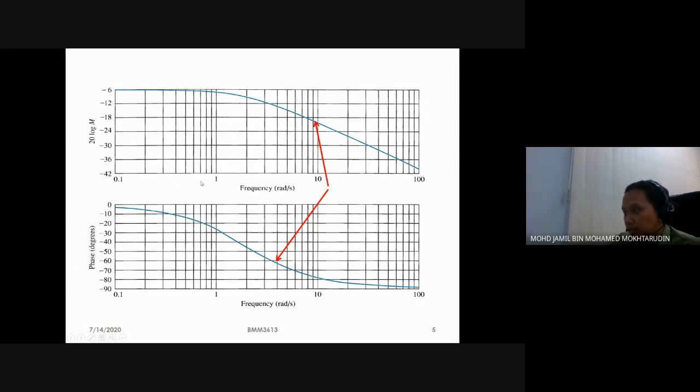The x-axis increases by a scale of 10, from 0.1 and then 1, 10 and then 100, and the scale becomes narrower, closer to each other. For the y-axis, it remains the same. Only the x-axis differs in terms of the distance between the lines.